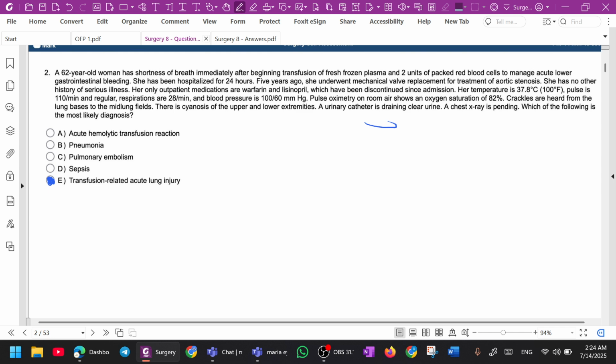Well, the previous question was acute hemolytic, right? But I think you're right. It's probably TRALI, because there are crackles.